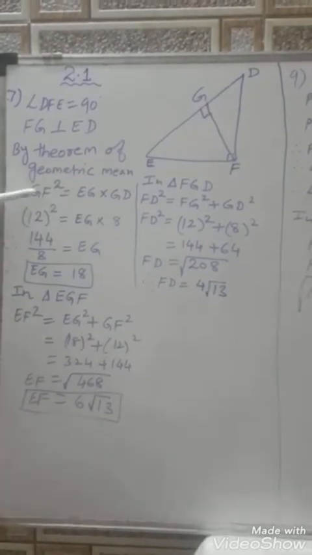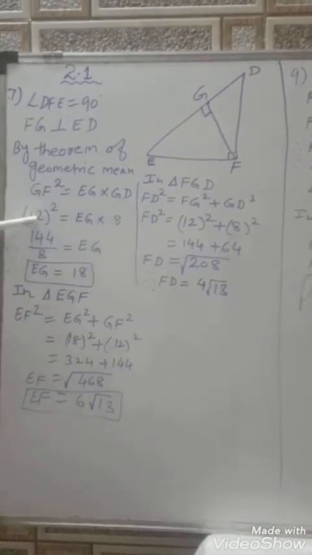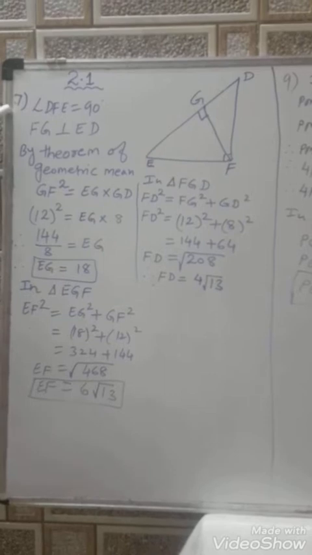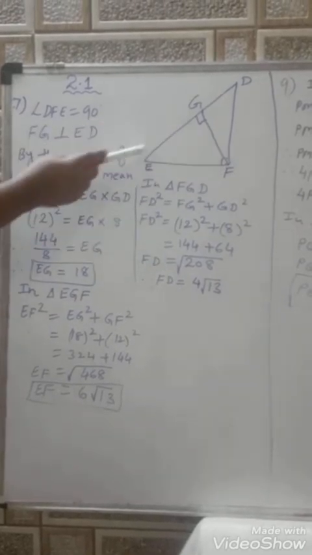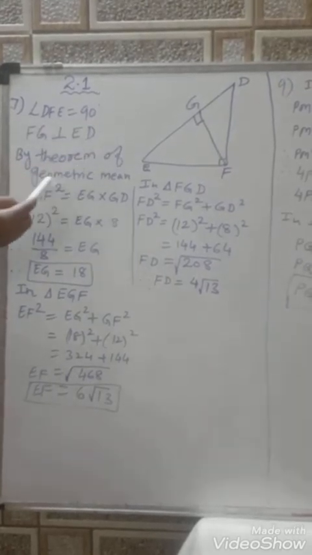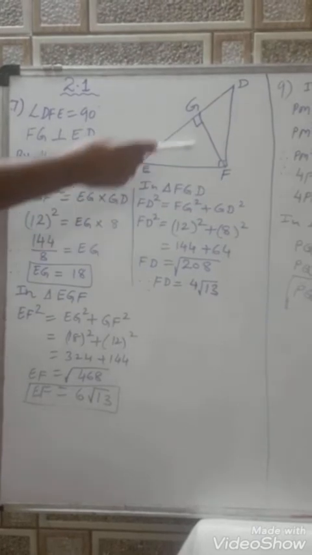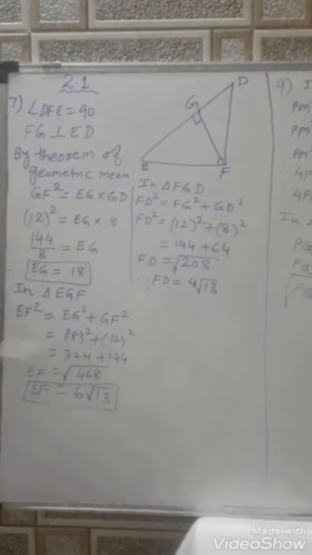So GF square equals EG into GD. So in seventh one, you have to find first EG. So we use the theorem of geometric mean. FG square equals EG into GD.